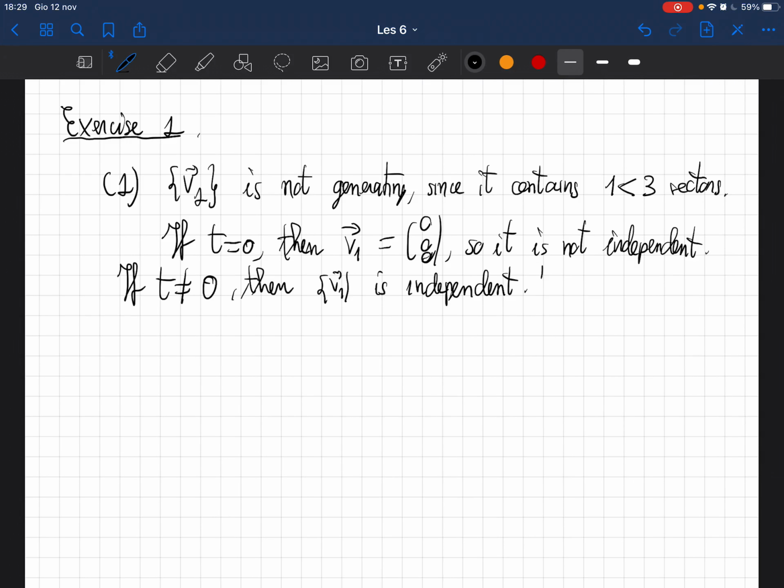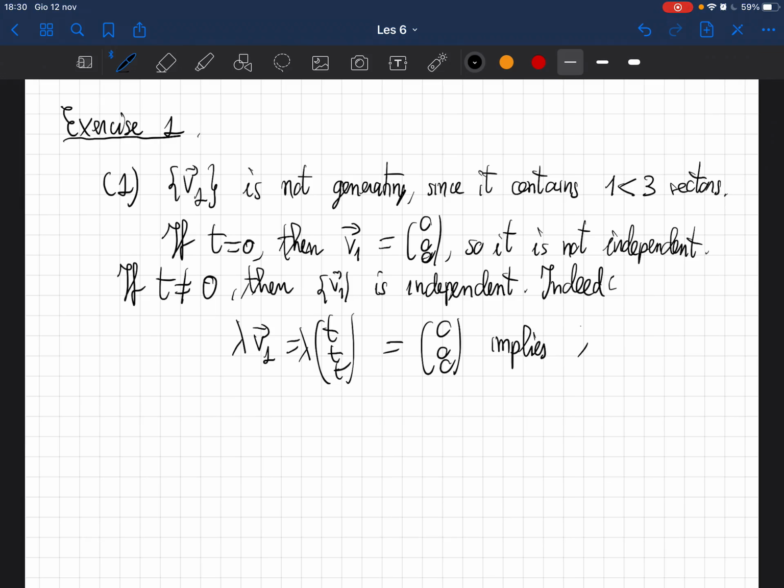And yeah, an explanation, of course. Indeed, if you take lambda v1, lambda times t equal to 0, this implies lambda t equal to 0.